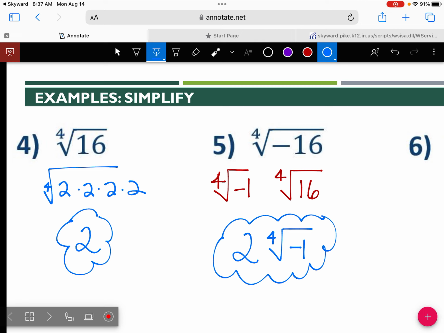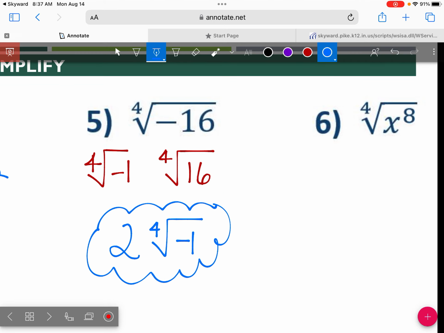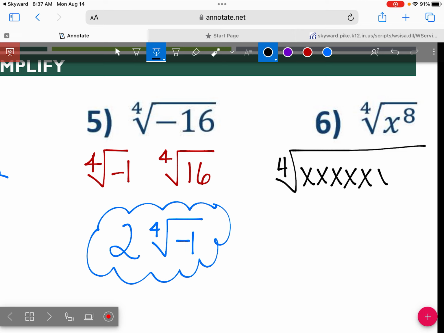When you have variables, just like numbers, you need groups of that index. So only because we're learning, and I don't know how many of you all remember this, I'm going to actually write it out with 8 x's. Because that's what you really have.